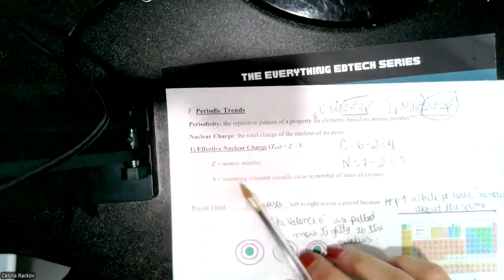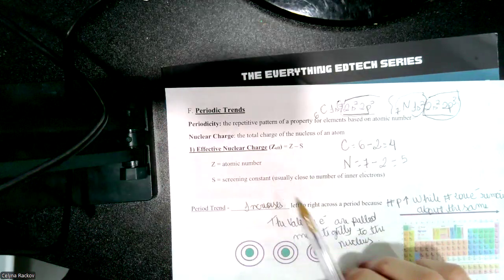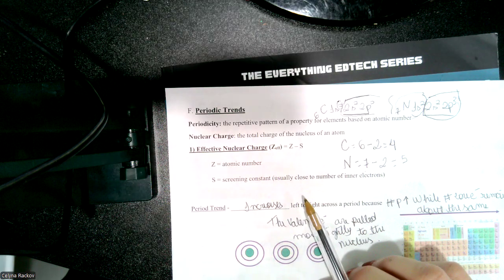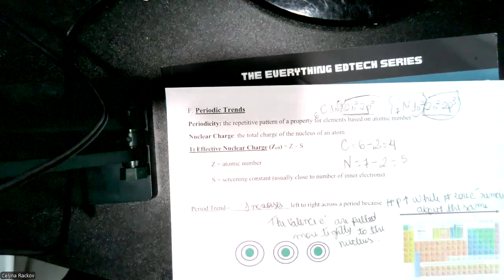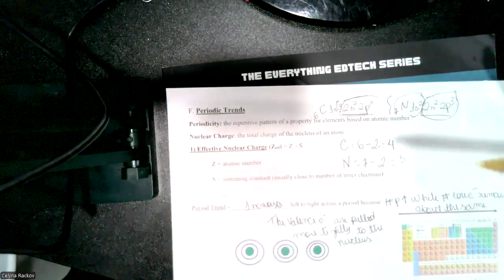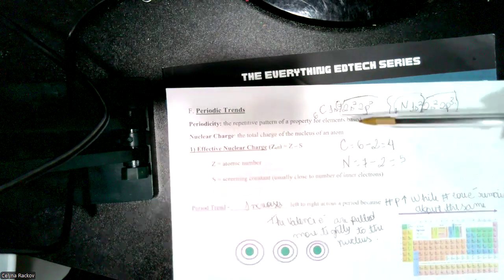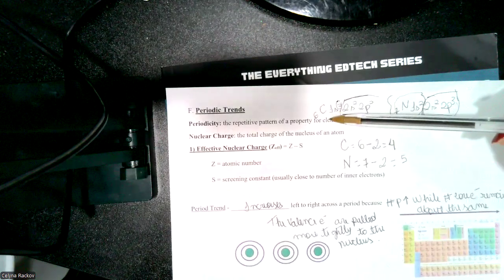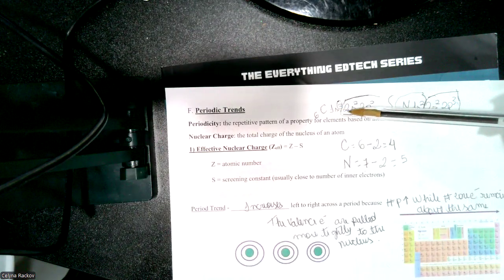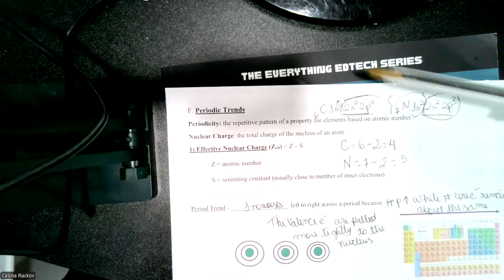Then S, the screening constant, is usually a number closer to the inner electrons, so let's use the core electrons. Carbon has 6 electrons, so let's write the electronic configuration: 1s2, 2s2, 2p2. So 6 electrons, right?